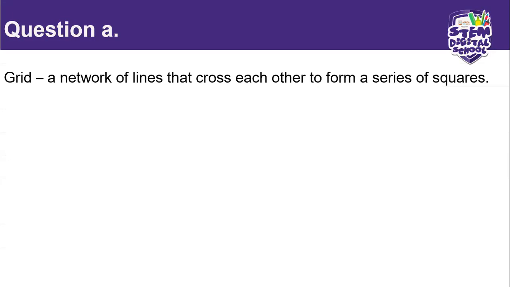So this is a network of lines that cross each other to form a series of squares. We call it grid. Just correct your work.